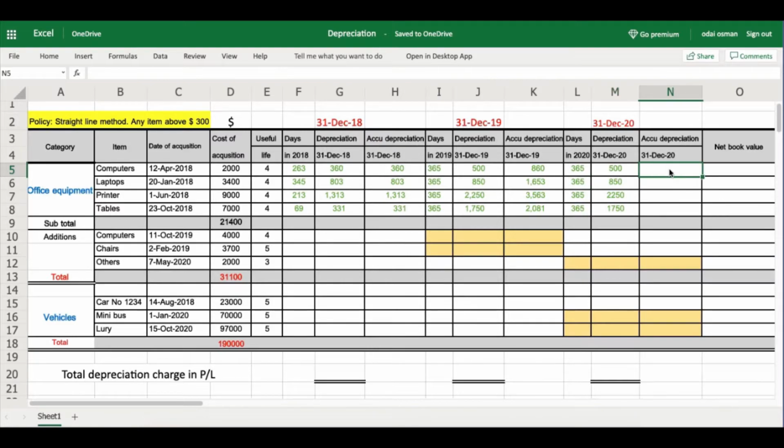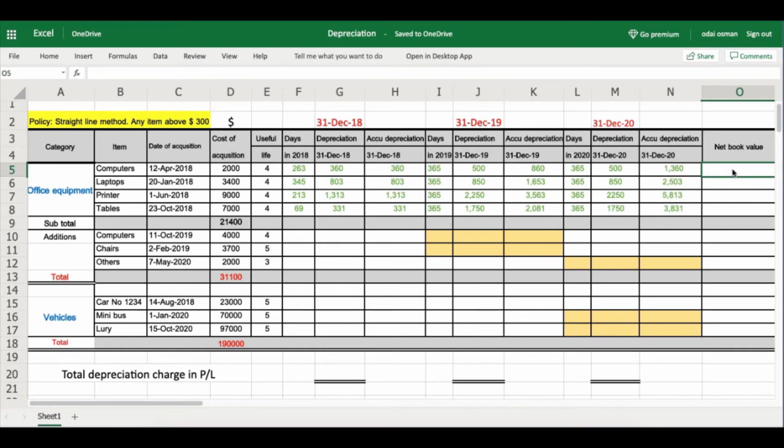We need to show the accumulated depreciation, which would be equal to the accumulated depreciation from the last year, 2019, plus the current depreciation amount, which gives this amount. So you need to drag down the formula.